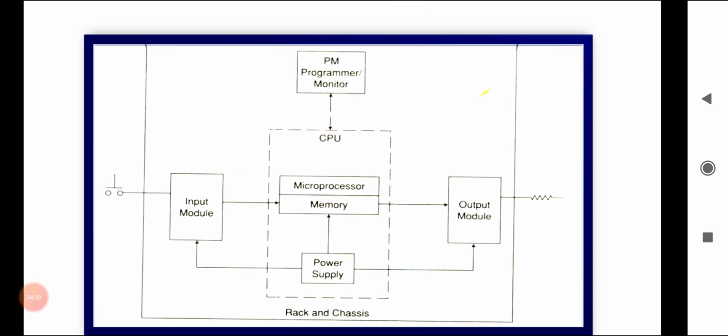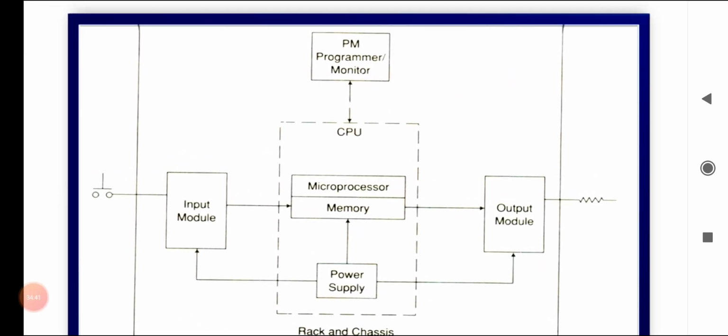Parts of a PLC. Input sensors, push buttons, switches and contacts are connected to the input module. The output devices, lamps and motors, are connected to the output modules. In the middle there is a CPU, having a microprocessor and memory in it.